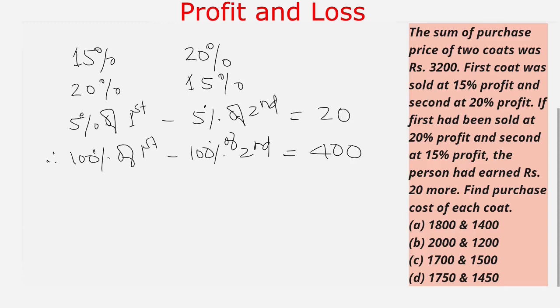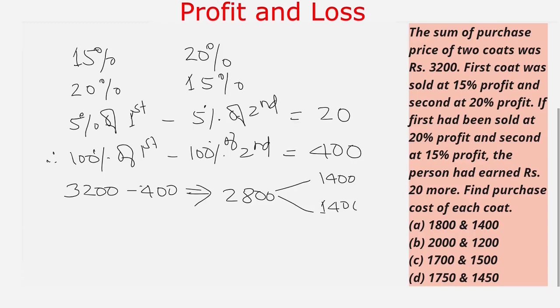If we subtract 400 from 3,200, then it comes out to be 2,800. Now we divide it into 1,400 and 1,400 and add 400 on first coat. Then it comes out to be 1,800, which is the cost of first coat, and 1,400 is the cost of second coat, as the difference between the costs of first coat and second coat is 400.